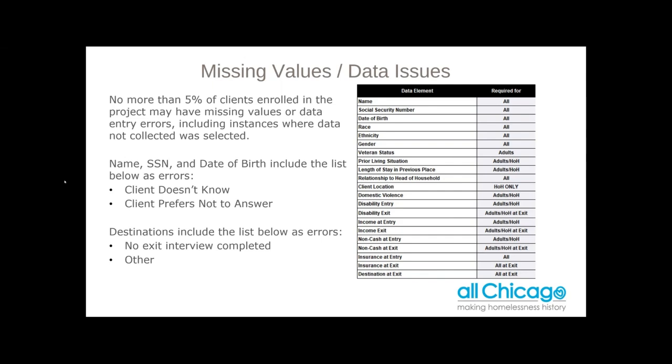So if you have a large amount, so let's say all of your clients enrolled, you don't know what happened to them, the exit interview completed, then there might be things that you will want to do internally to hopefully ensure that you're getting that information when clients leave your project. So if it's an emergency shelter and clients are leaving, there might be a survey that you can do to get that information.